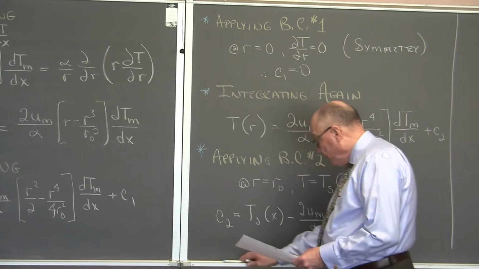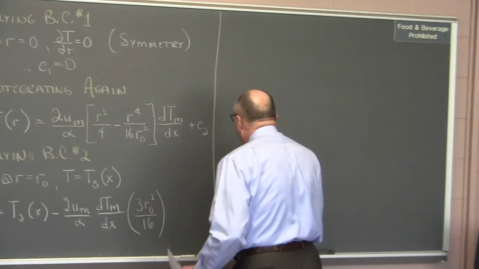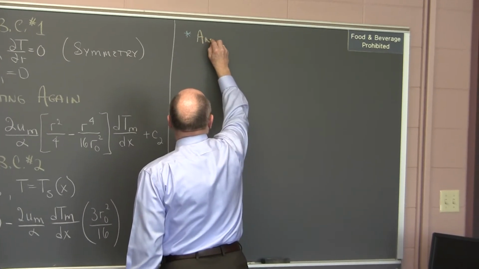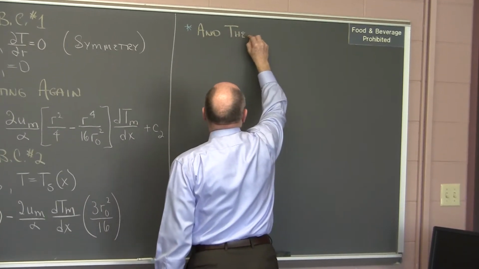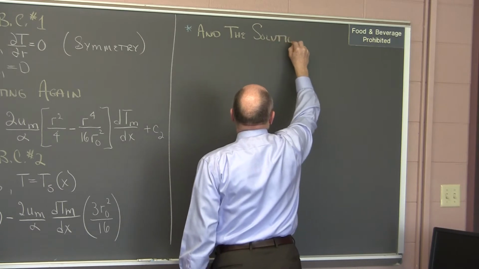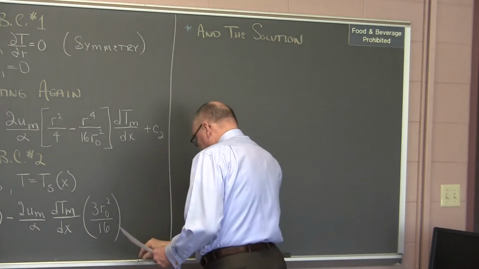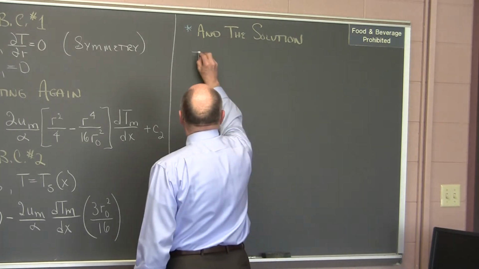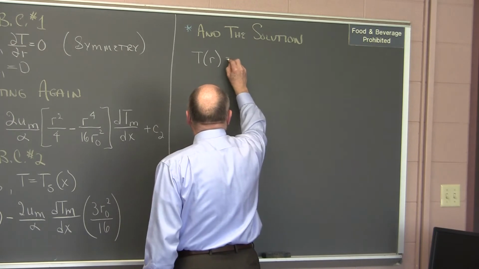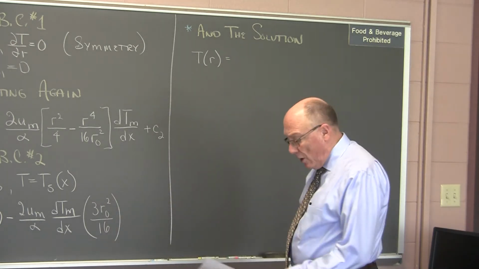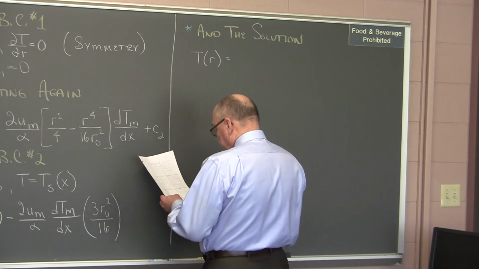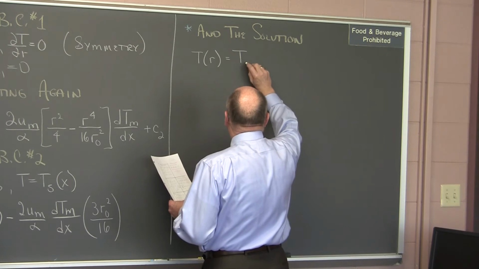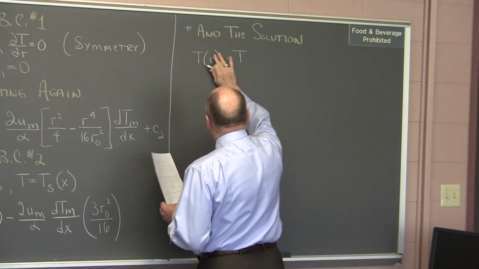So the final result is as follows. T, a function of r, in the fully developed region of tubular flow, laminar flow, is equal to T. Let me rewrite this.